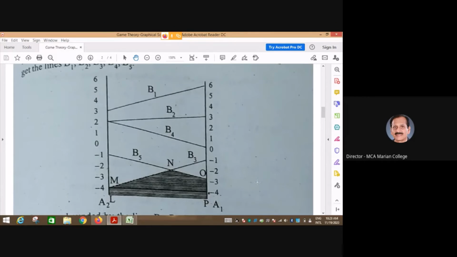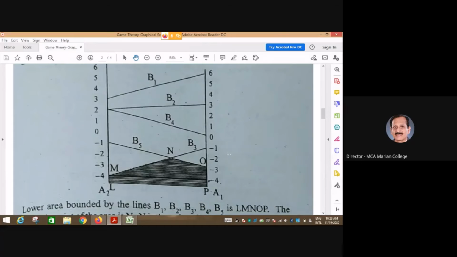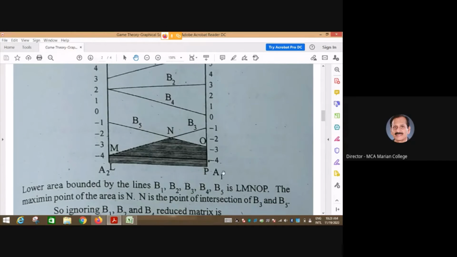For the strategies of the second player, Y in this case, we draw lines representing the strategies by plotting the points, and find the lower portion, because we are considering the point of view of A, the player X. So this is also representing the maximum value by a geometric method.